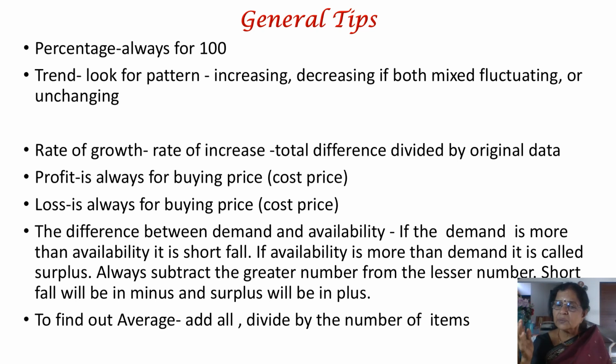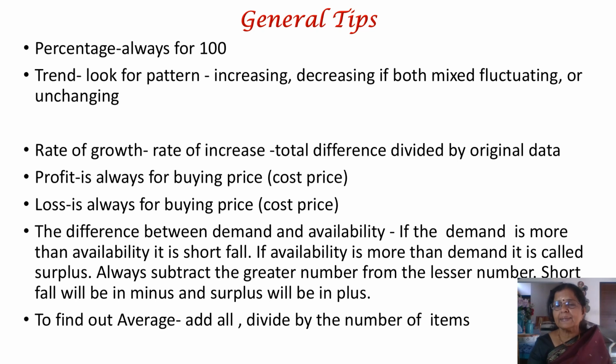And if there is continuous decrease for all the years, for all the period, then there is a trend of decrease. And if it is mixed, one year there is increase, one year there is a decrease, then you should say fluctuating. And suppose if it remains the same, it is unchanging. There is no growth, no shortfall, then that means unchanging.